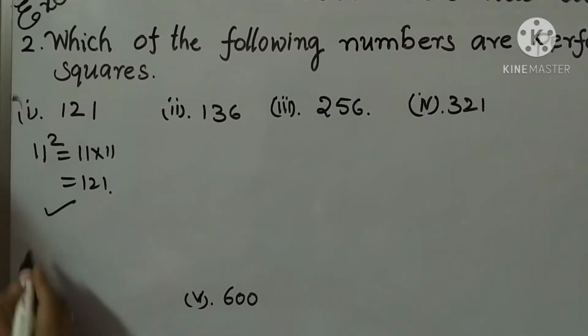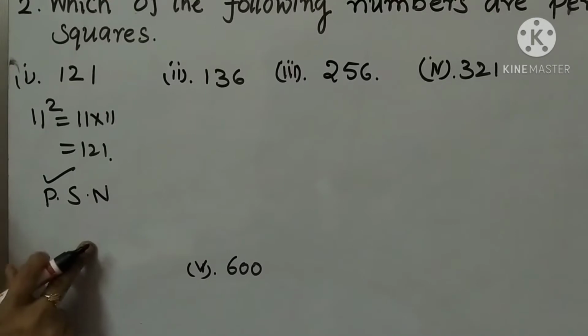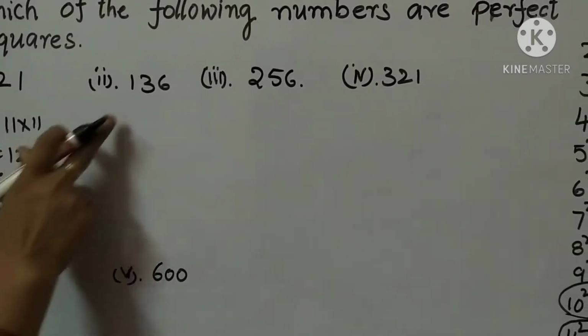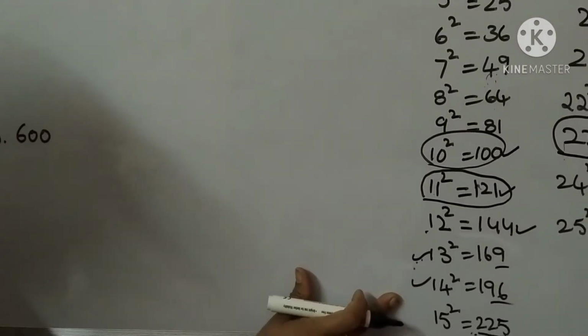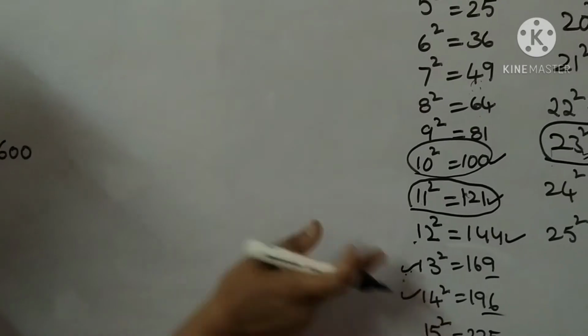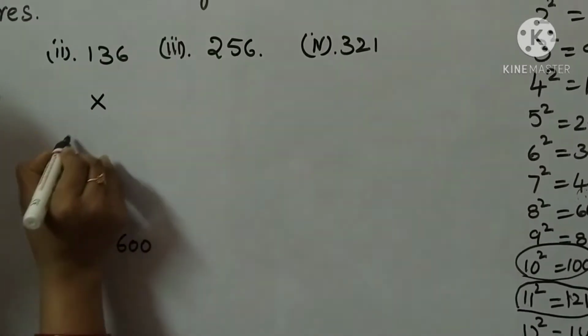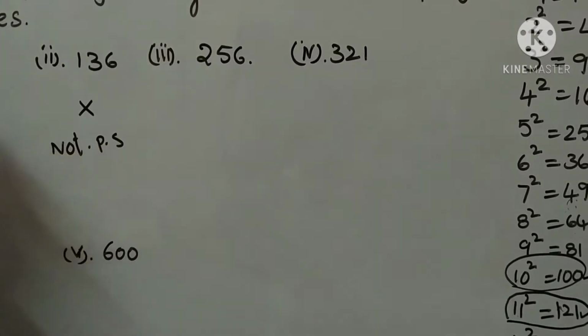So it is a perfect square number. Next, 136. Is 136 in the square numbers? No. So it is not a perfect square.